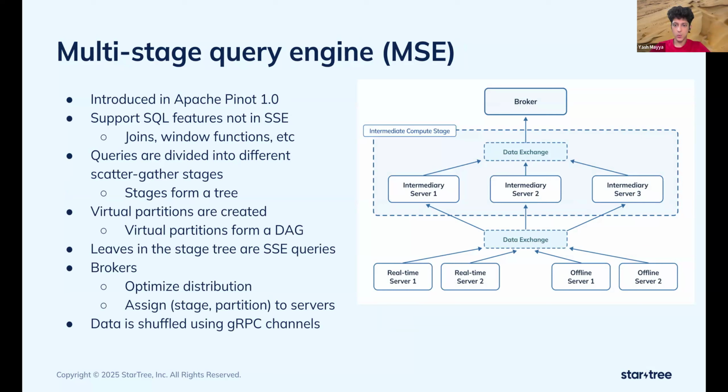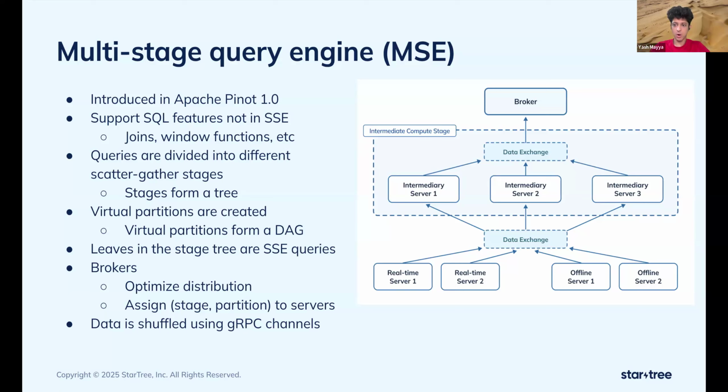In this engine, queries are divided into different scatter-gather stages that form a tree. The leaf stages are actually wrappers around a single stage query engine. This is where data is actually read from disk and also where the indexes are leveraged in the multi-stage engine.